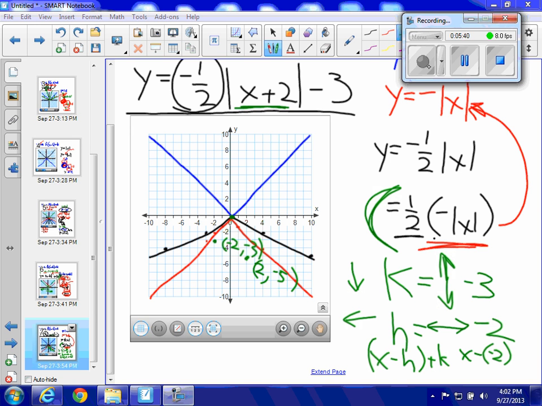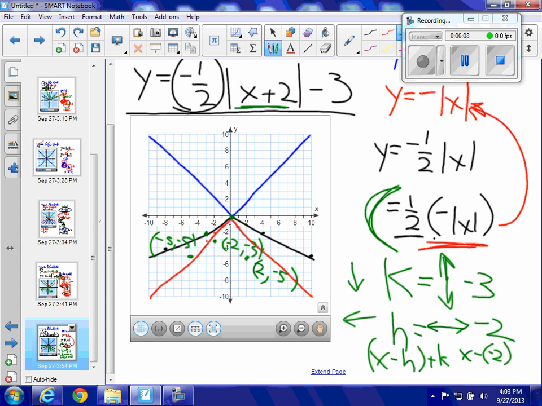I think I'll try this point here. That point was, in the black one, -3, -2. I'm going to go to the left 2 and down 3. This point is now -5, -5.